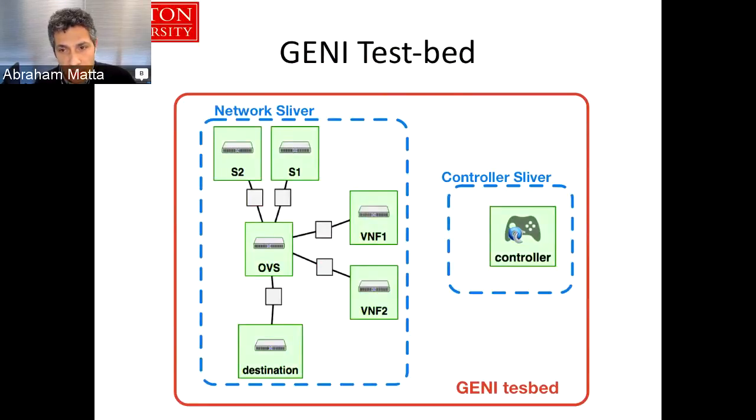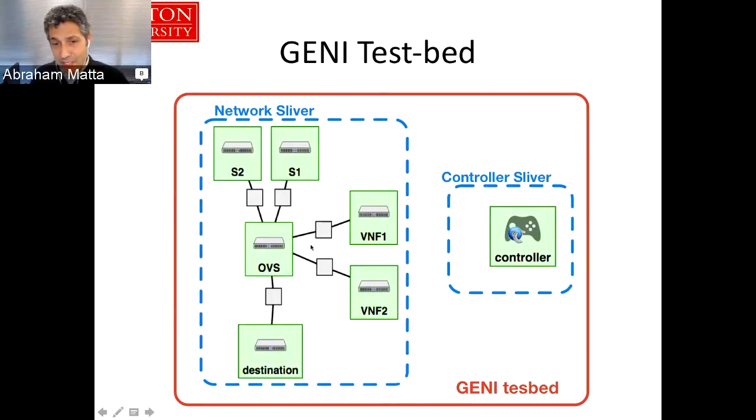All right, so this is, again, the testbed. If you go over the tutorial, you can have the controller on a GENI rack separate from the rest of the network, or you can have them together on the same rack or GENI aggregate. Obviously, it makes sense to have the controller closer to the network you are controlling. Otherwise, it becomes more challenging.